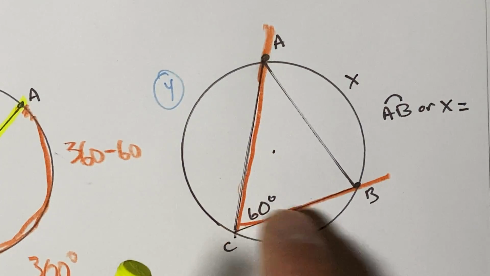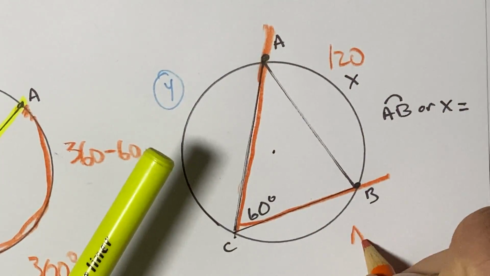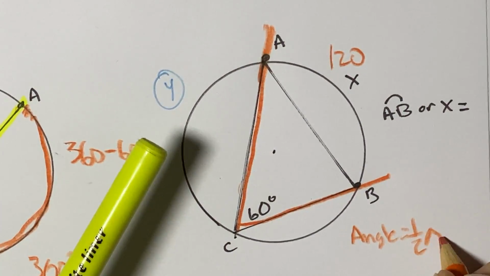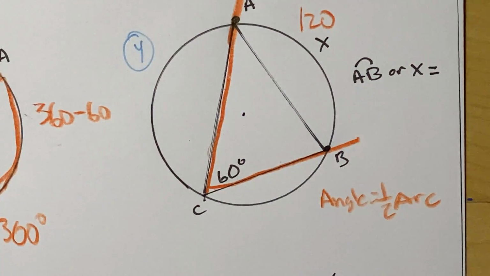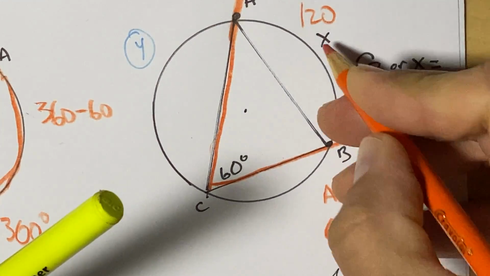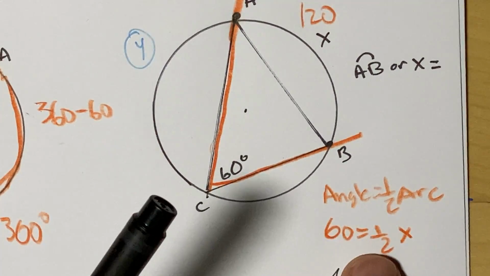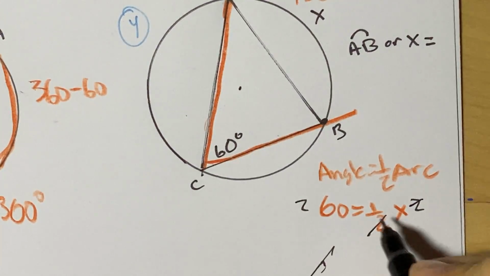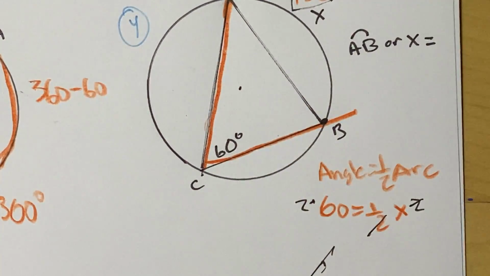So if this is 60, this will be 120. The angle is always 1/2 the arc. We could plug it into a formula if we wanted to. So the angle 60 is 1/2 of the arc, or x. When we have 1/2, or 1 divided by 2, we multiply both sides by 2 to cancel. So 2 times 60 is 120.